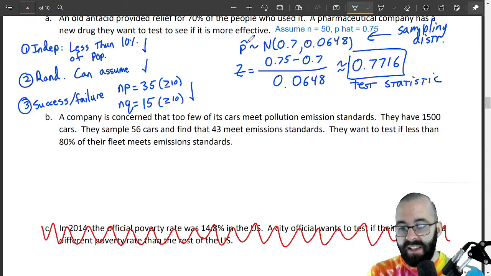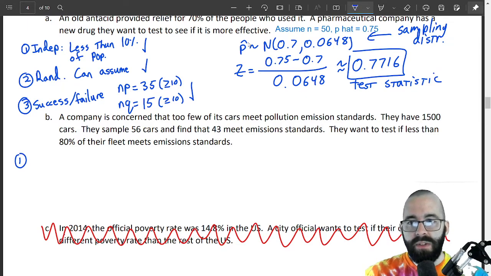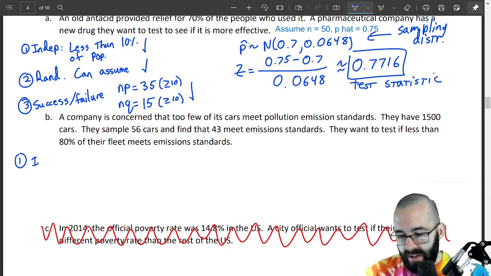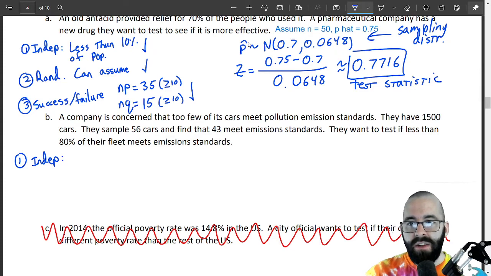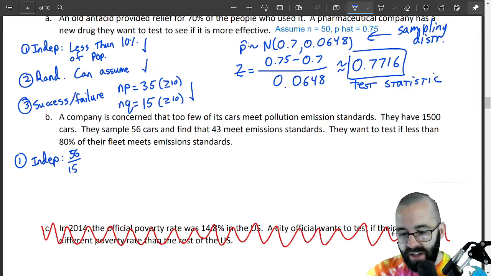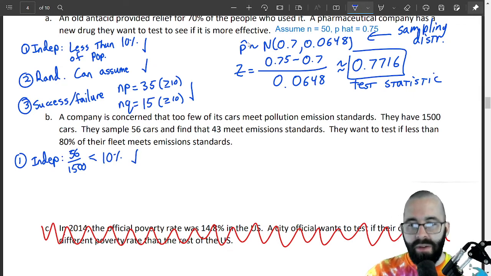All right, let's check the central limit theorem, see if we can set this up with a sampling distribution. So independence, are we sampling less than 10% of the population? Well, the population's 1,500, we're sampling 56. All right, 56 out of 1,500 is less than 10% of the population, so we have independence.